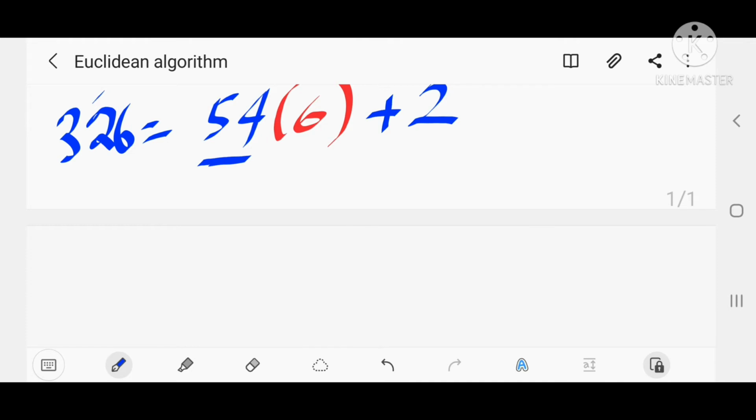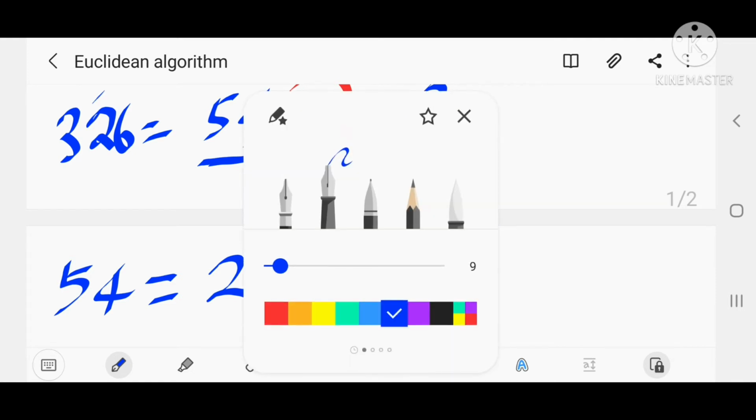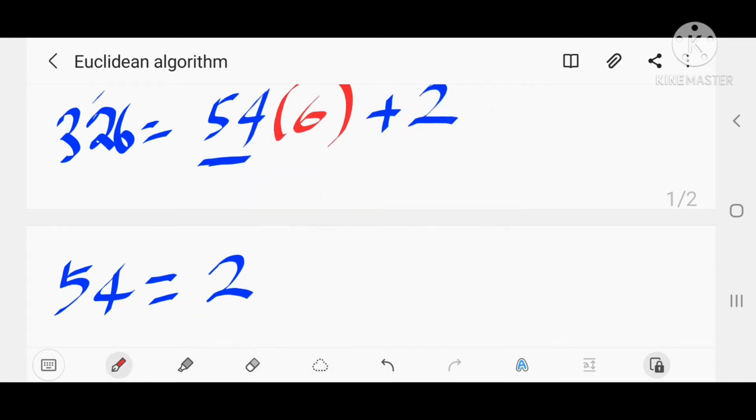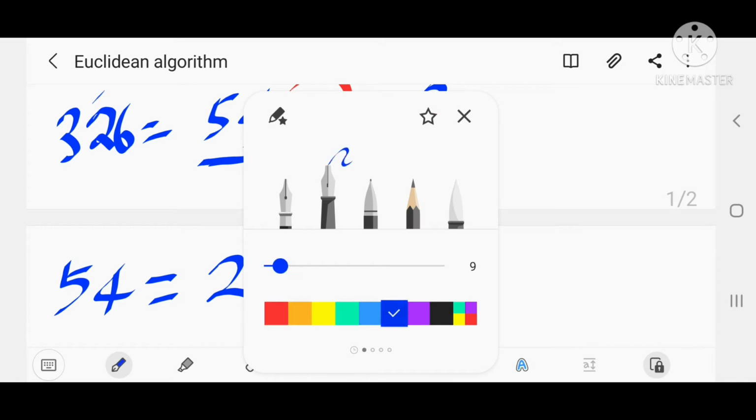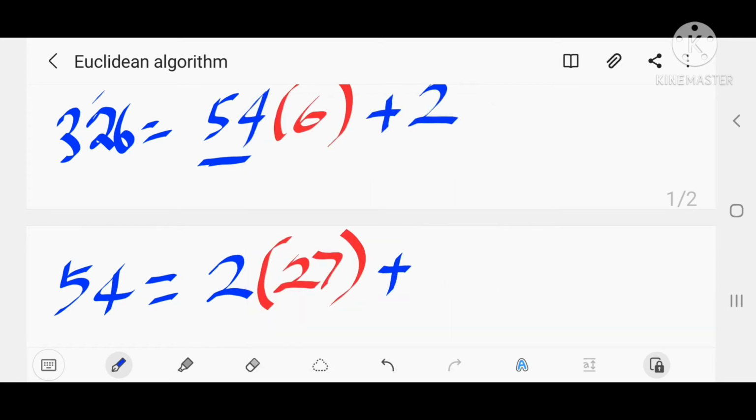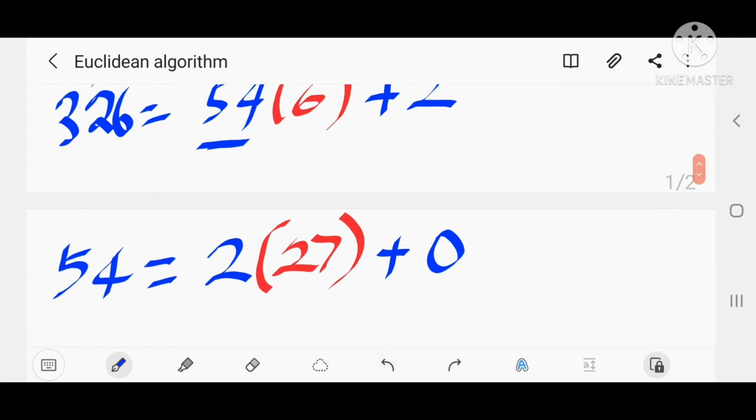So we have 54 equals, then we pick 2. 2 goes into 54 twenty-seven times, and the remainder is 0, so plus 0. That means the 2 can divide 54, and at the same time the 2 can also divide 326. You can try that one.